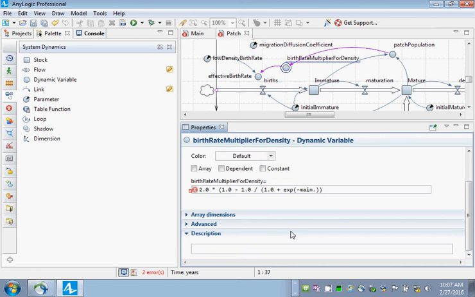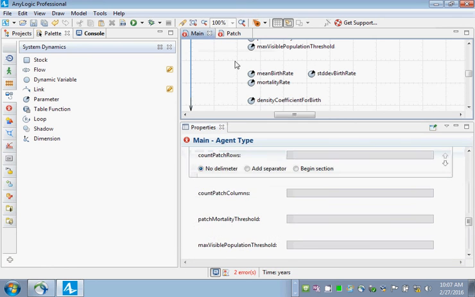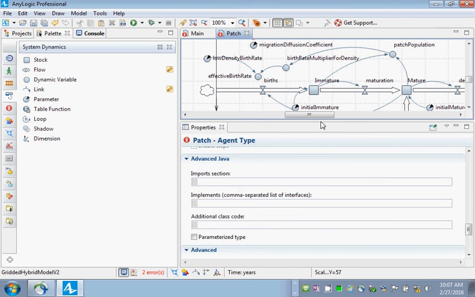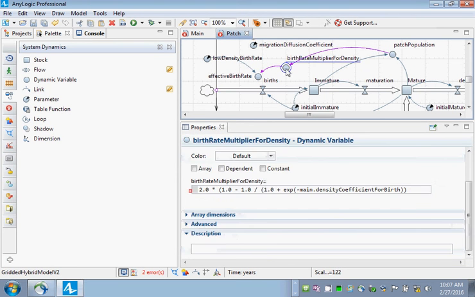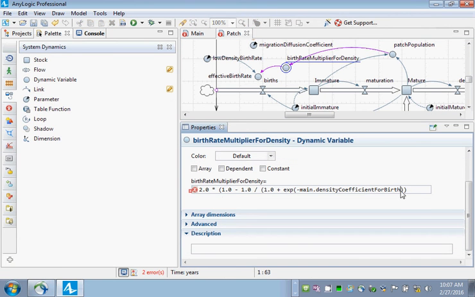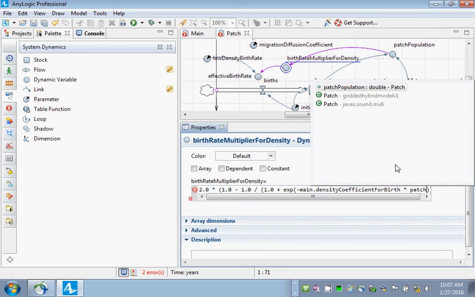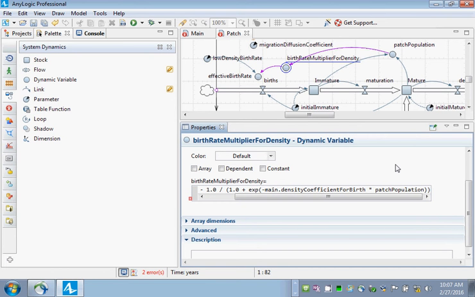So we need a link, in short, between this effective birth rate and birth rates here. Okay, so we're going to drag that in just like that and put it to births. So for births, instead of being low density birth rate times mature, instead we're going to have the effective birth rate times mature.